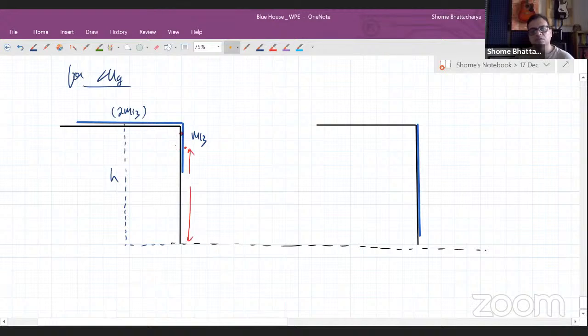This center of mass will be at L by 6. So this is h minus L by 6.